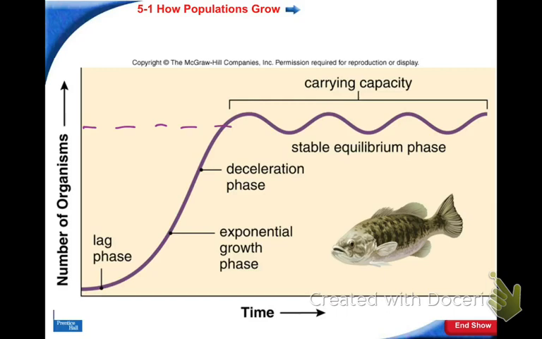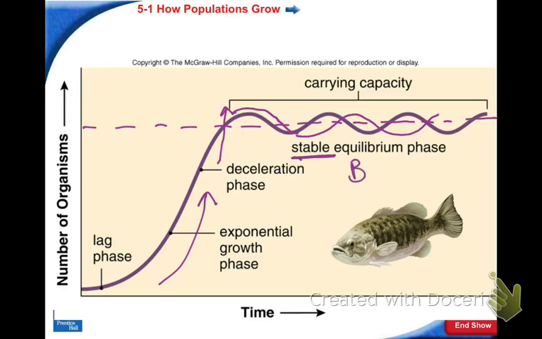When you hit carrying capacity, and that dashed line there represents carrying capacity, we were in exponential growth, but once you get to that point where you use up all your resources, then you have a die-off of organisms. But see how it goes up and down around that carrying capacity. So you get a stable population, and it's in equilibrium. Think of it as balance with the ecosystem.